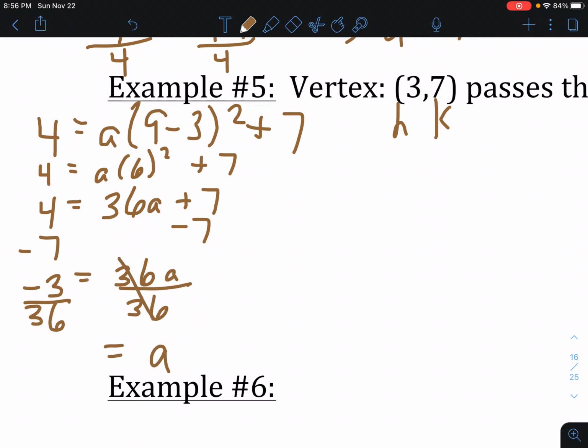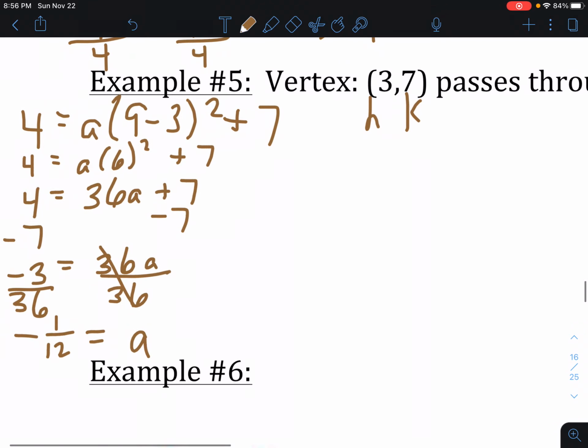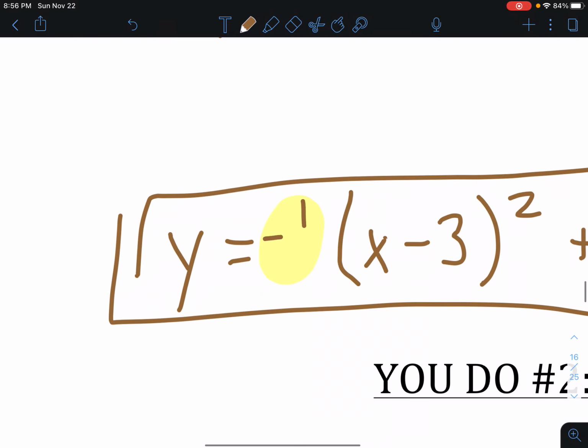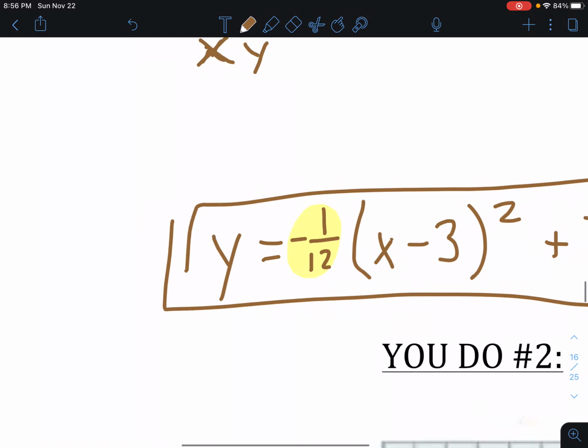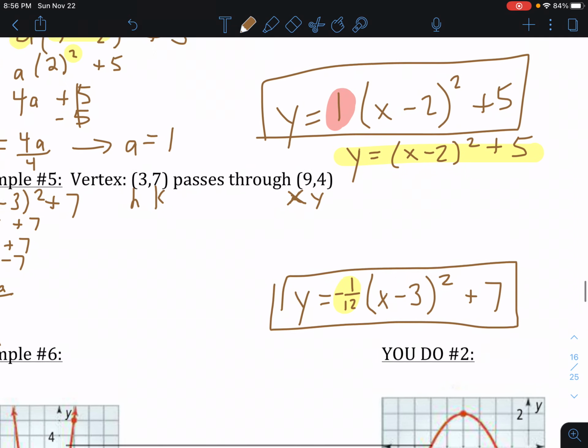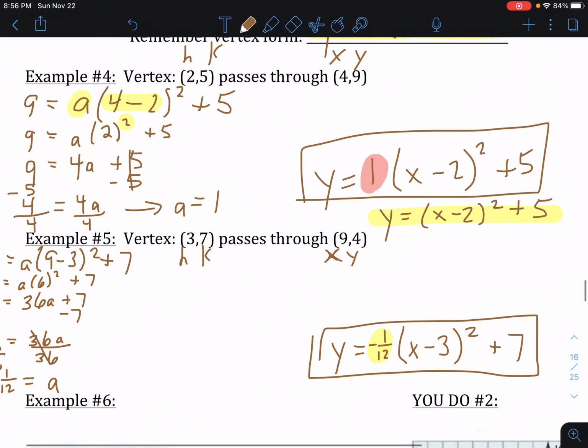So a is -1/12. So there's my a. I'm going to take -1/12 and go over here and plug it in for my a. And then there is my answer to the problem. Same exact steps as example 4.